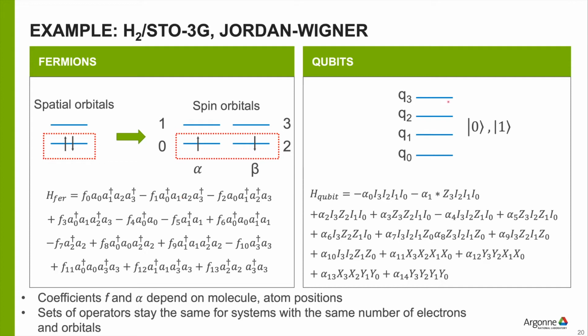And once we map it onto a quantum computer, you have, again, a linear combination of these products, where we have some coefficients and the Pauli matrices acting on certain qubits.